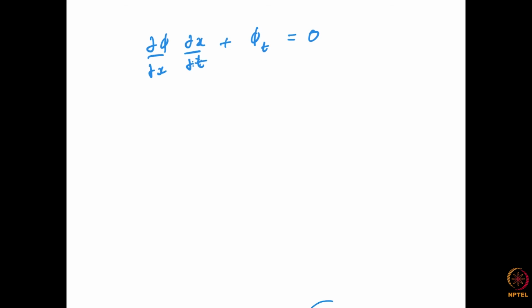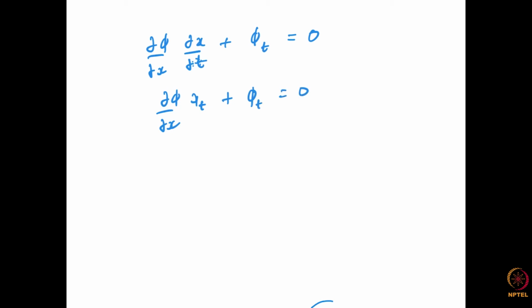Then we can again rearrange this. So we get delta phi delta x times x t plus phi t equal to 0.